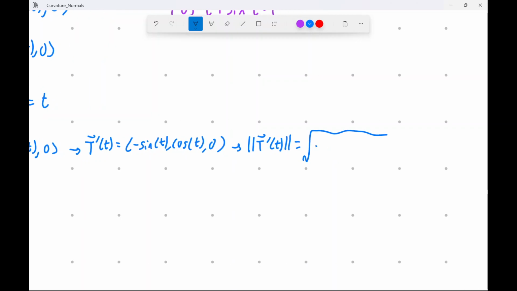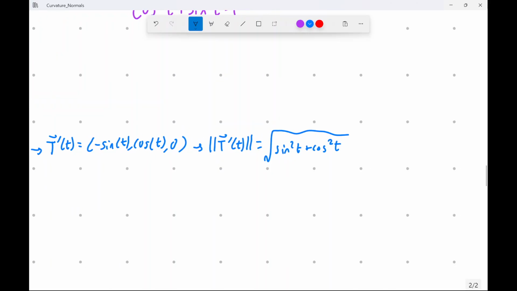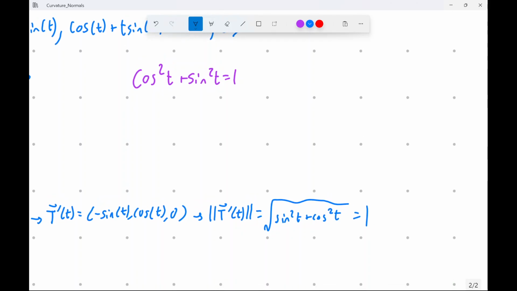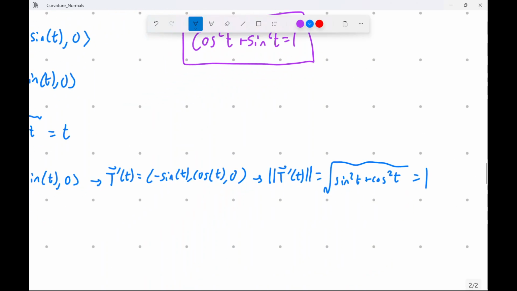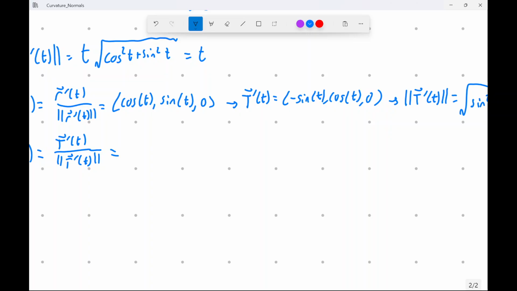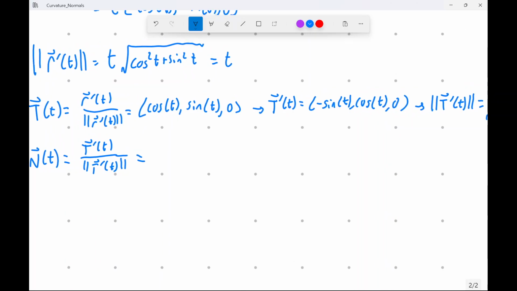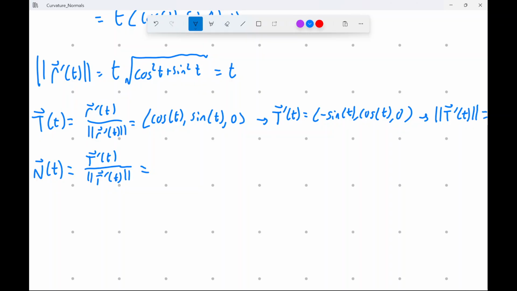This first number squared is sine squared t. The second number squared is cosine squared t. And then 0 squared is just 0. And so the length of that vector is 1, because sine squared plus cosine squared, again, is 1. Remember, up here, our big important formula. Okay. And so the length of T prime of t is 1. I can just ignore that. This will be just T prime.